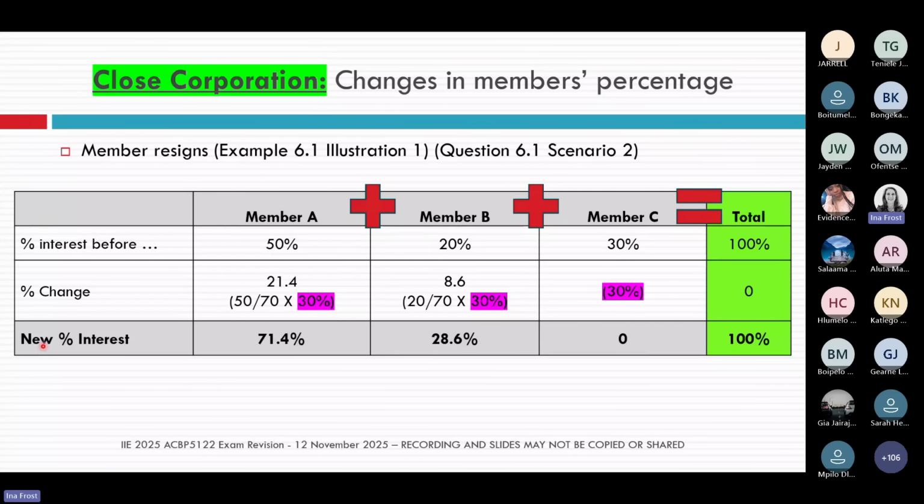These types of questions are quite popular. If you look at past papers, you'll see these kinds of questions come up quite a bit. As always, you're going to show us workings and make sure we know if you are adding or subtracting. With C, I am subtracting, and with A and B, I'm adding. So this is if a member resigns.